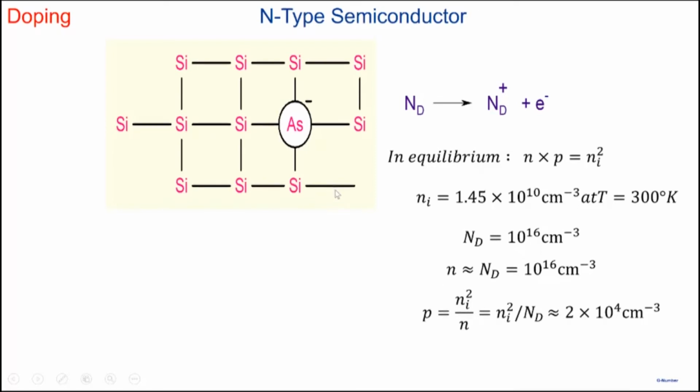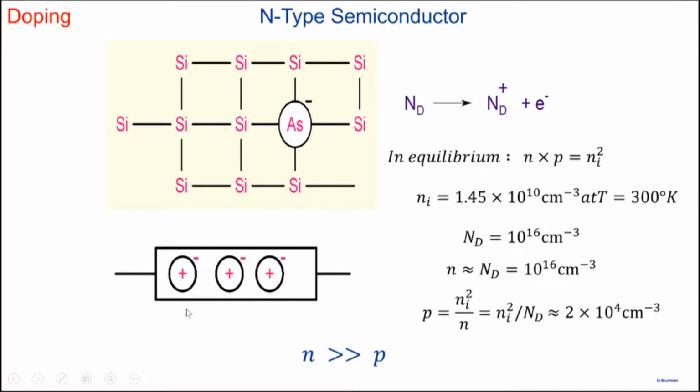So in a semiconductor like this, where the number of electrons is much, much larger than the number of holes, we call such a semiconductor an N-type semiconductor. And the picture that we have is, in this N-type semiconductor, we have these positively charged donor atoms, donor atoms like arsenic or phosphorus. Since they have lost an electron, they are positively charged.